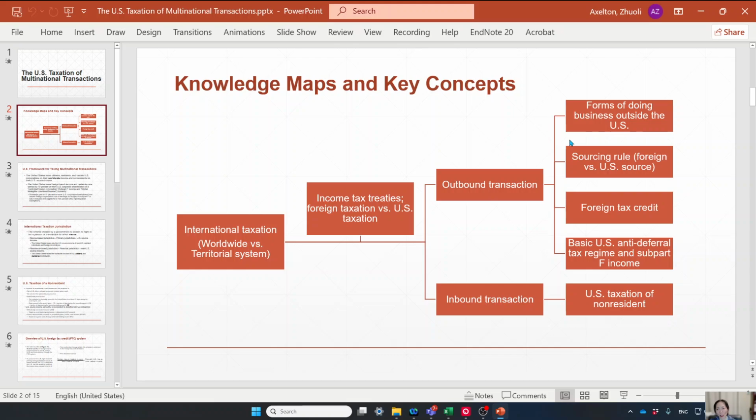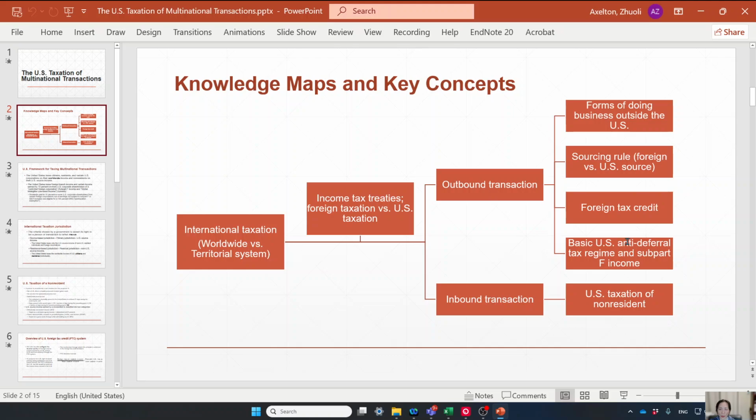So there are a lot of rules surrounding the outbound transaction. Of course, for our purposes, we're just focusing on the foreign tax credit calculation, and we also touch a little bit on the basic U.S. anti-deferral tax regime and Subpart F income.